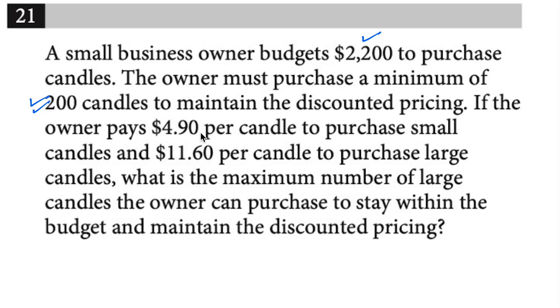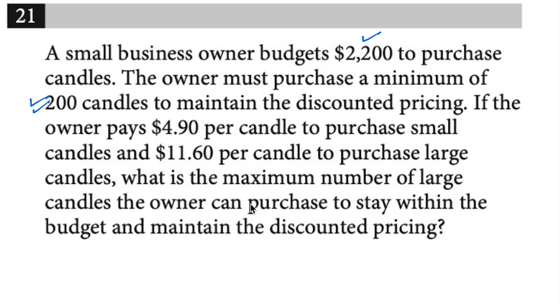If the owner pays $4.90 per candle to purchase small candles and $11.60 per candle to purchase large candles. So this statement is giving us two pieces of information: there are two types of candles, small candles and large candles, and the small candle cost is $4.90 for the business owner and $11.60 for the large candles.